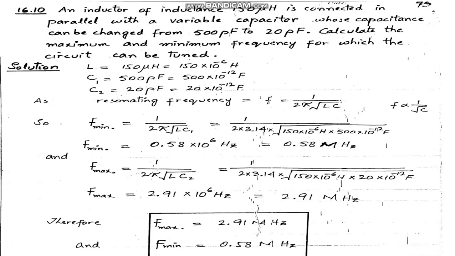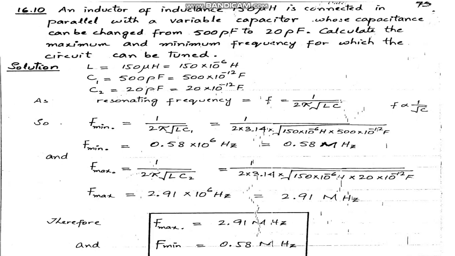We can write this value 150 multiplied 10 to the power negative 6 H. Capacitance C1 is equal to 500 picofarad, that is equal to 500 multiplied 10 to the power negative 12 farad. Capacitance C2 is equal to 20 picofarad, that is written as 20 multiplied 10 to the power negative 12 farad.